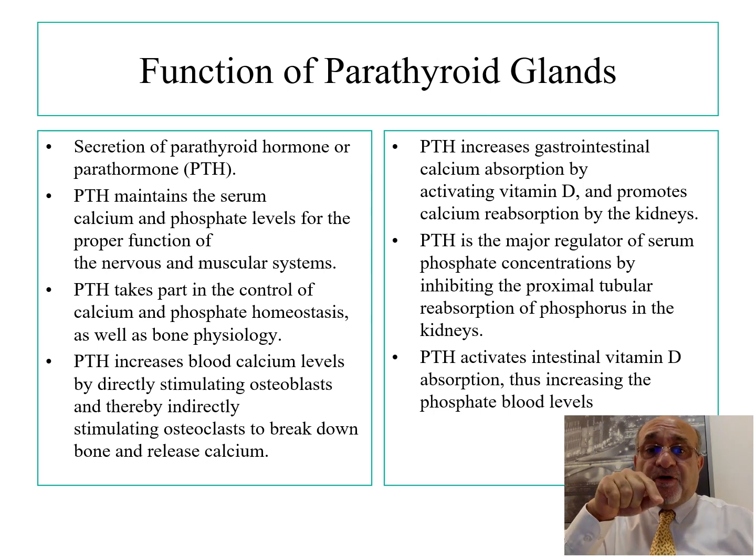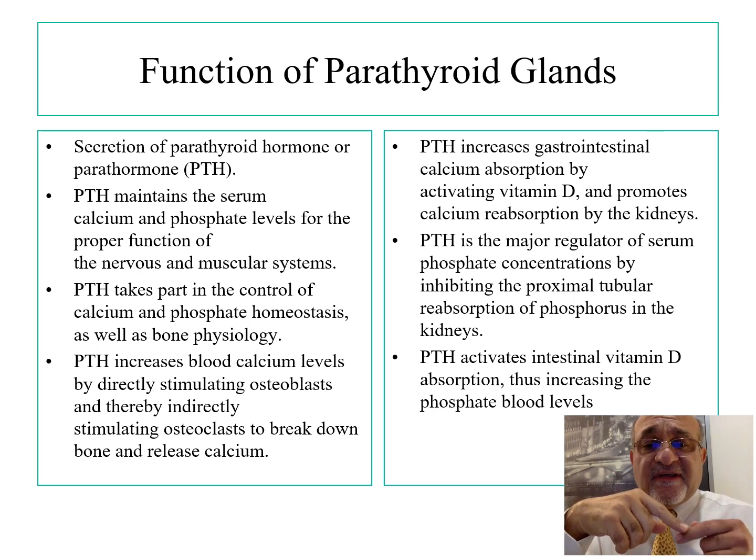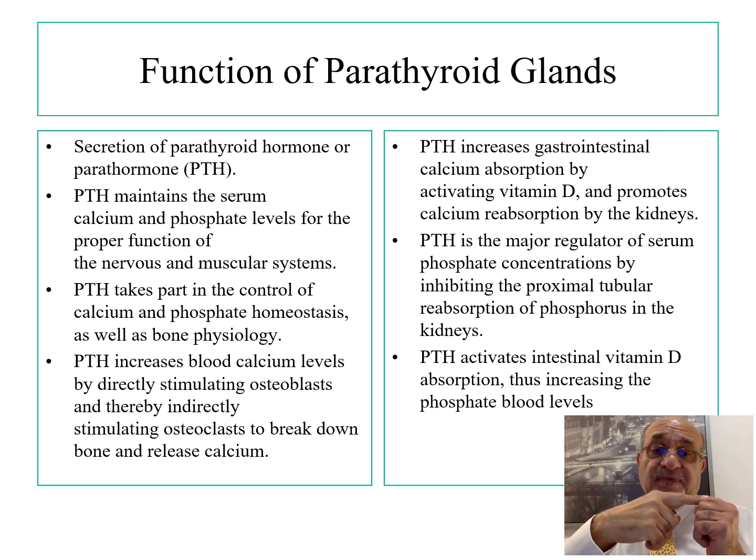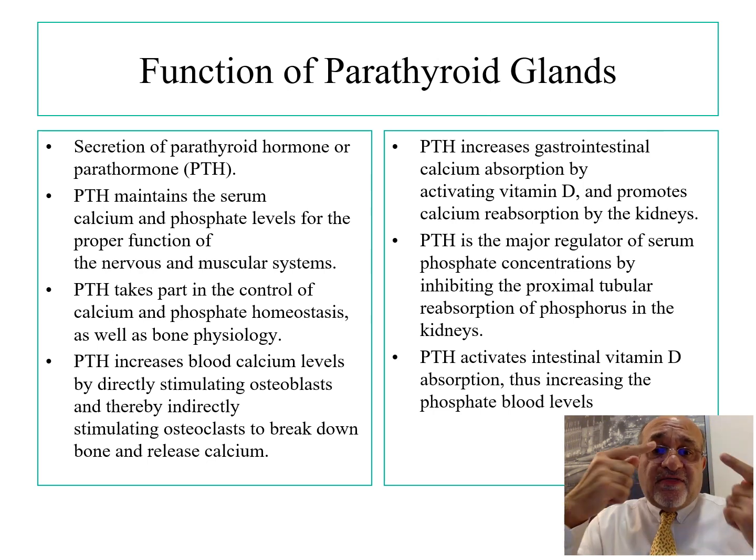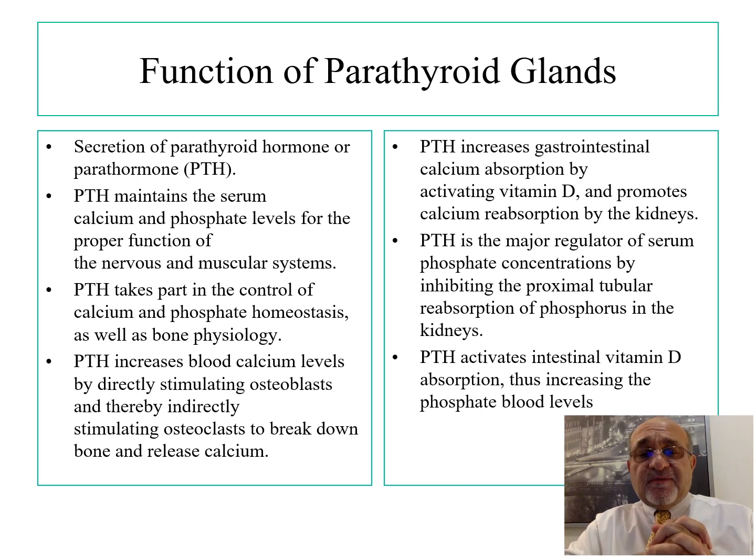And the parathyroid hormone increases the blood calcium levels by directly stimulating the osteoblasts. Thus, this will indirectly stimulate the osteoclasts to break down bone, and thus they will release the calcium into the bloodstream.